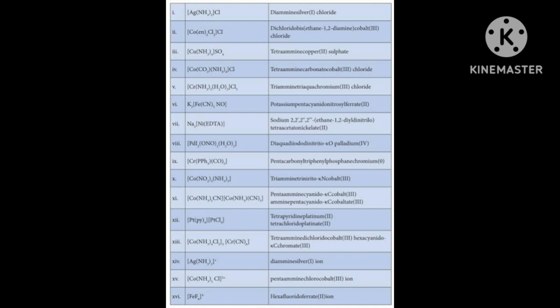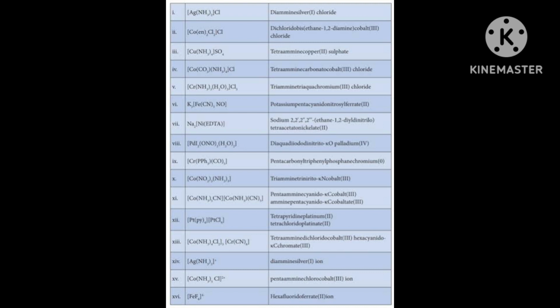Then to neutralize this 6 charge, 6 negative should come. That's why in the complex compound SO4 whole 3 is written. You know that in H2SO4, SO4 is 2 negative. Then here to neutralize 6 positive, 6 negative is required.